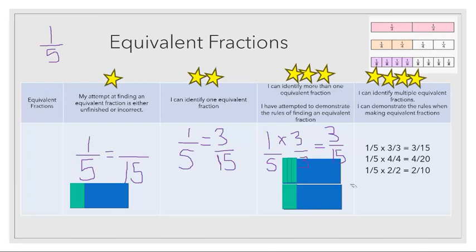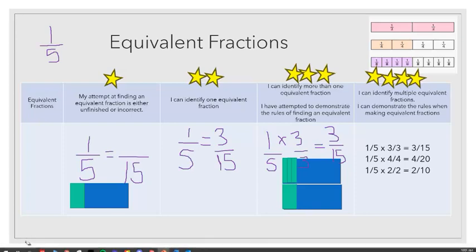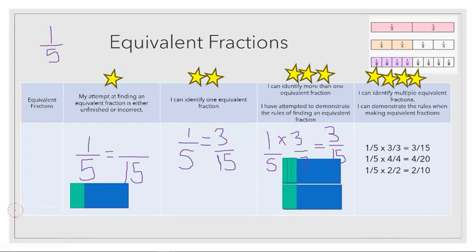All right, so in this last star, sorry, I paused for a bit and went back, because it was going to take me ages to type all this out. So on this 4th star, what we're looking for is a neat way of representing it. It can still be handwritten, but it needs to be very, very clear. And you've found multiple equivalent fractions for the same fraction.